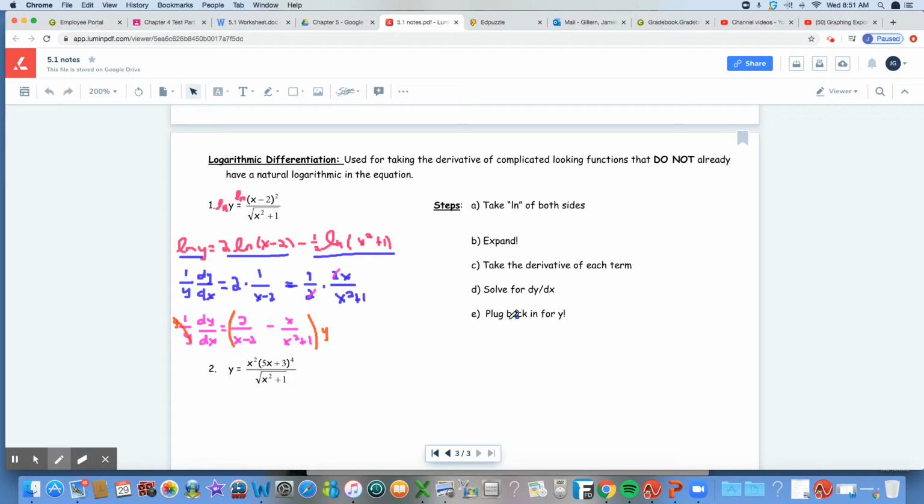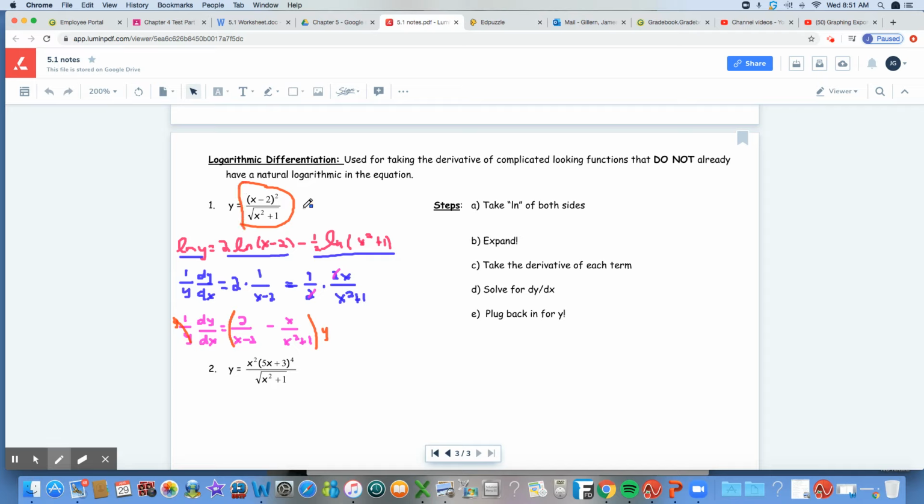The final answer is to plug back in for y. You do not need to rewrite it all. What is y? Y is this: x minus 2 squared over the square root of x squared plus 1. So we're just going to substitute.